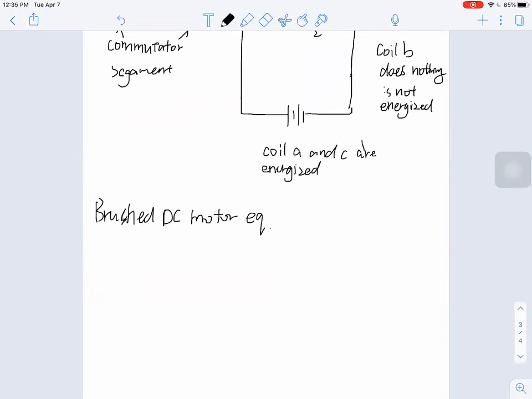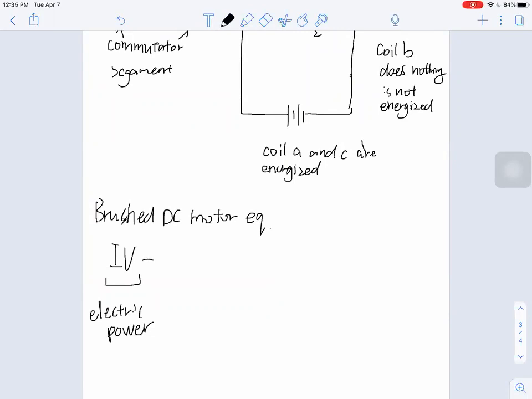So as we know, electric power can be written as current times voltage. That will give you electric power. Let's write it down. And that's the power we input to the motor.